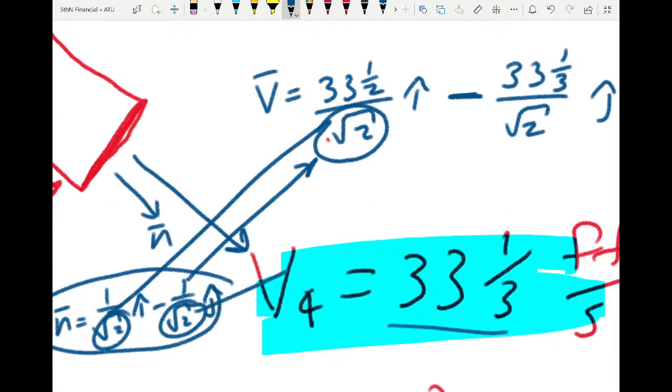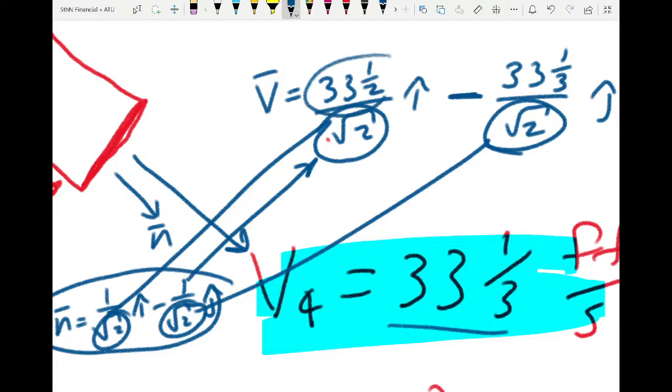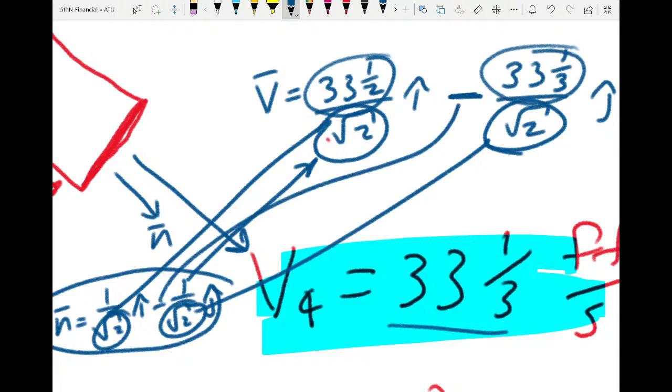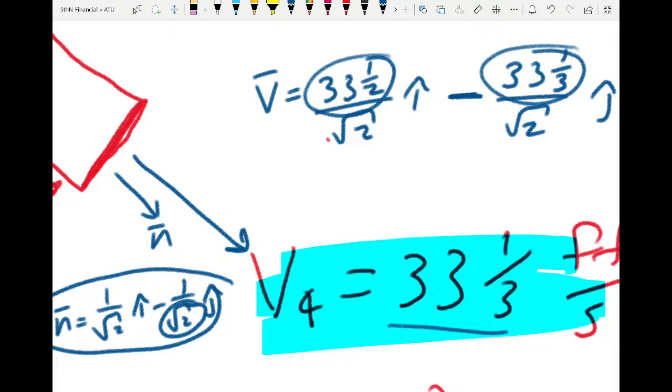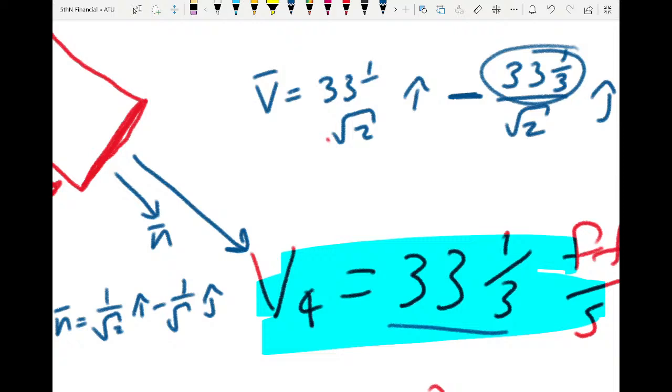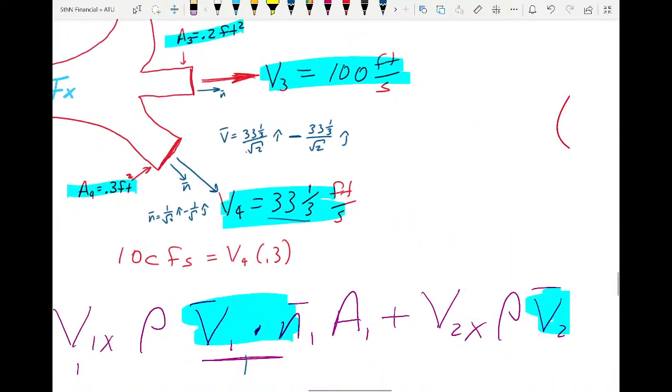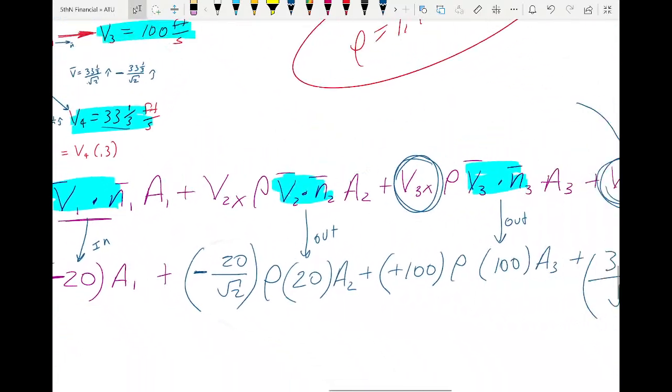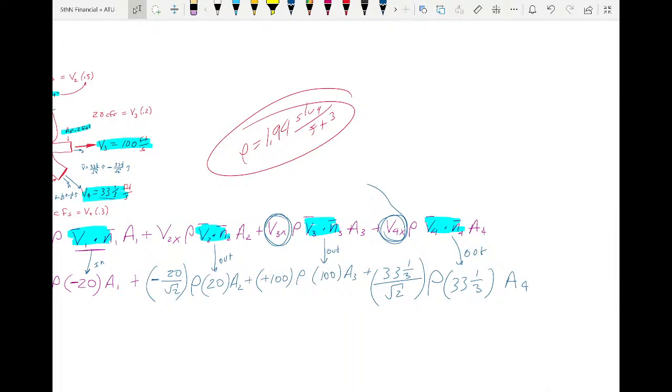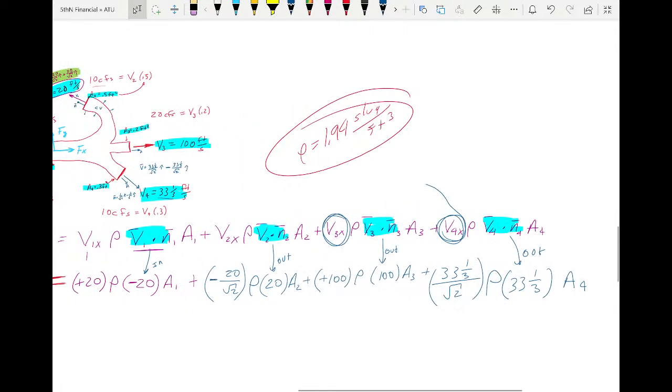This square root of 2 comes up, hits this square root of 2, gives you a half. Then you got 33 and a half over 2, 33 and a half over 2, minus and minus become a plus. And you find out you get back 33 and a third. That should be a third right there. So, in fact, that's your lower part of the equation.